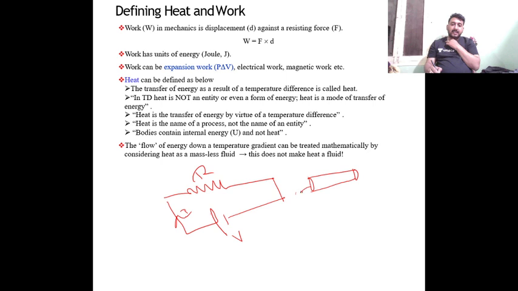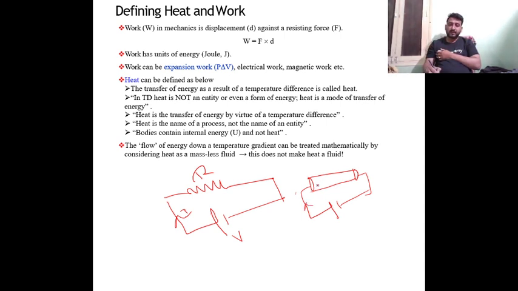So let us say there is a conductor which is connected to the battery. When you apply the voltage, the potential difference across this conductor, the electron over here starts moving along it. So there is a displacement of mass from one end to the other.